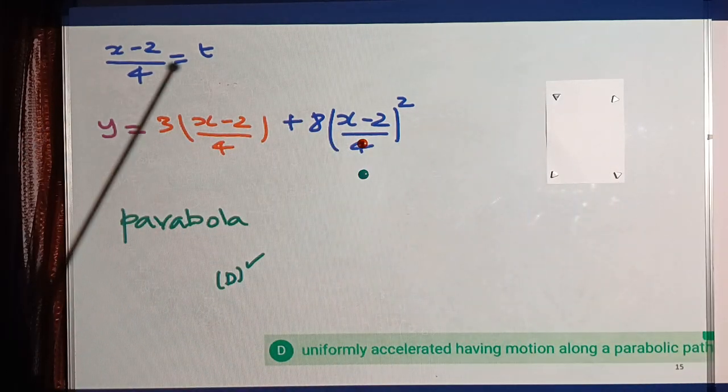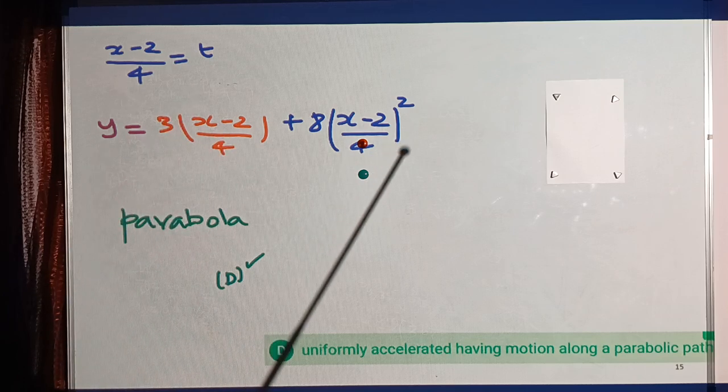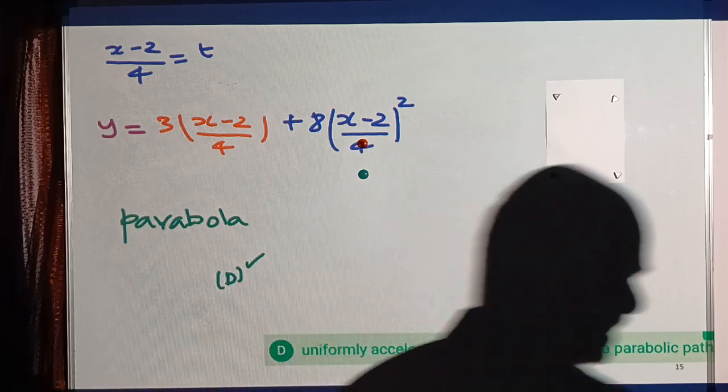So the first equation gives me t as x minus 2 by 4. Using that in the second one, I put t here and t square as this square. So this is a parabolic relation between x and y. So the path is a parabola.